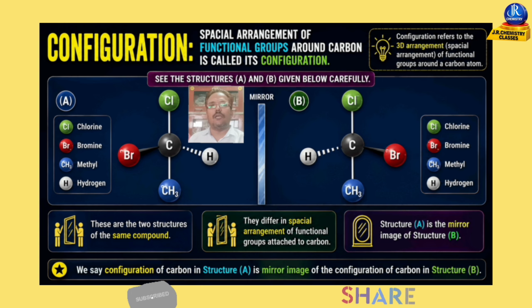They differ in the spatial arrangement of functional groups attached to carbon. Structure A is the mirror of structure B. We say the configuration of carbon in structure A is the mirror image of the configuration of carbon in structure B.